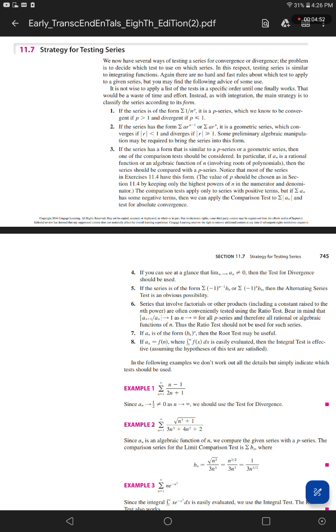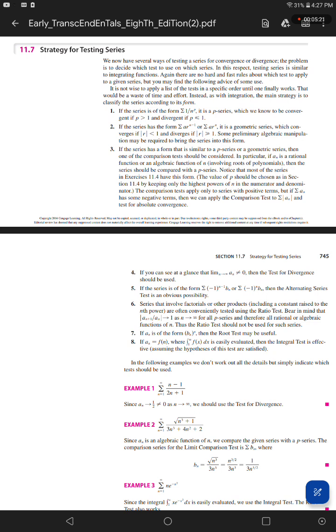Bear in mind that the absolute value of a sub n plus 1 over a sub n approaches 1 as n approaches infinity for all p-series and therefore all rational or algebraic functions of n. Thus, the ratio test should not be used for such series.